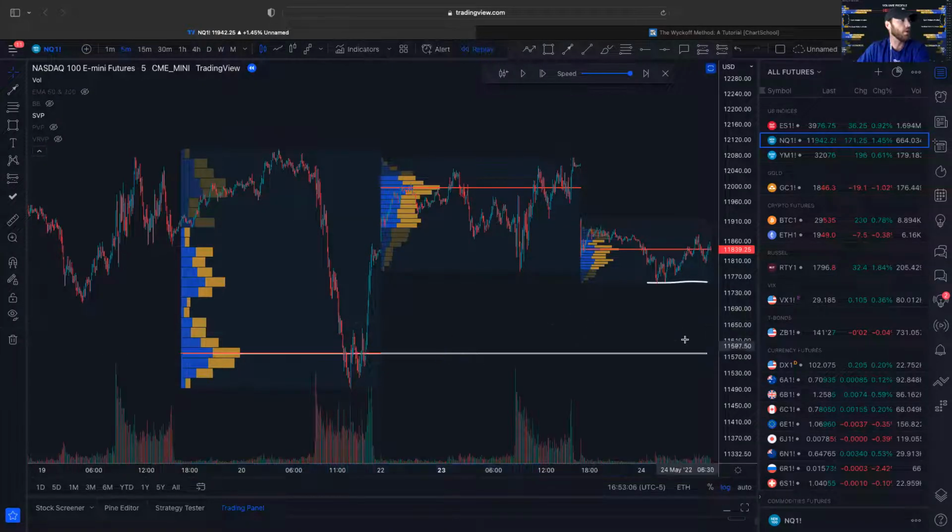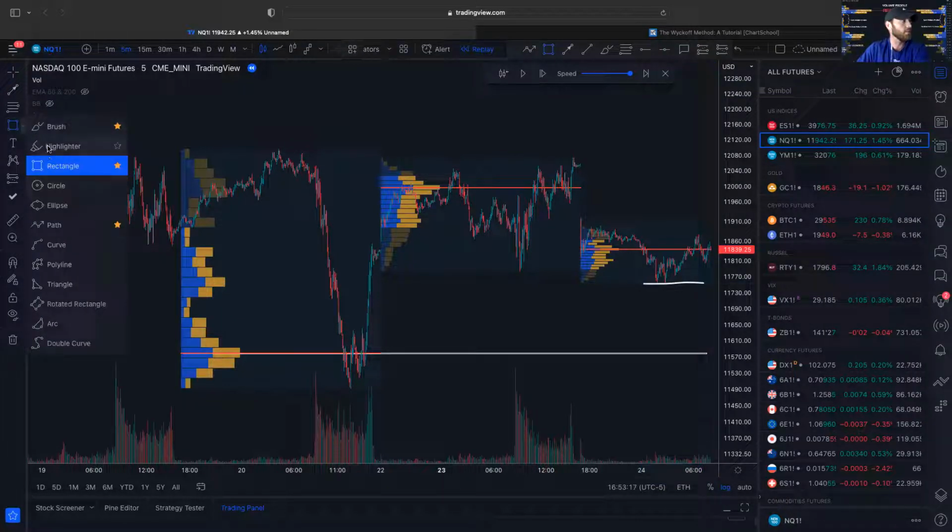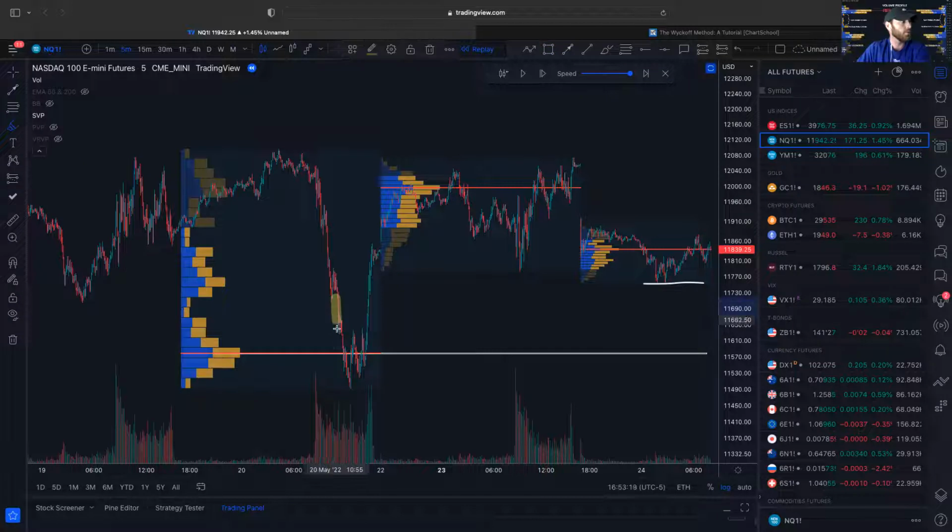So I was noting that if price broke through here, broke through this day's low, it had already done it twice. Moved fast. I was expecting that if it breaks this low with volume and with a good close, it would move kind of fast.